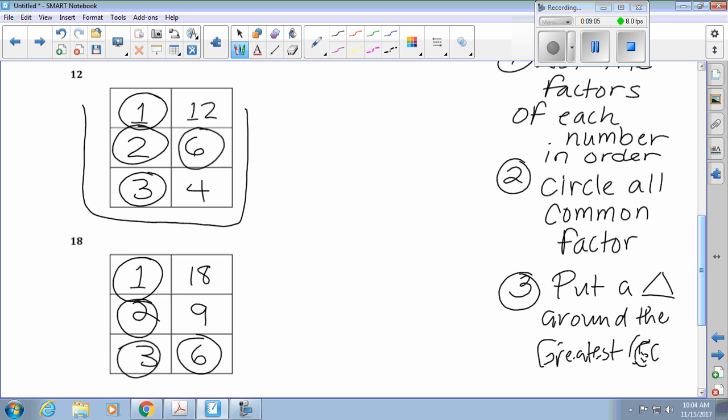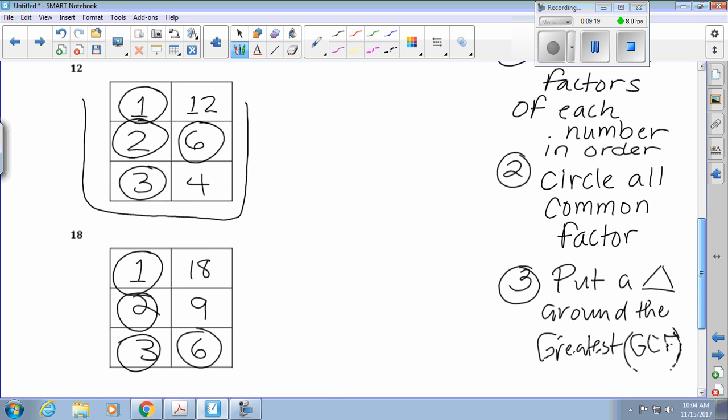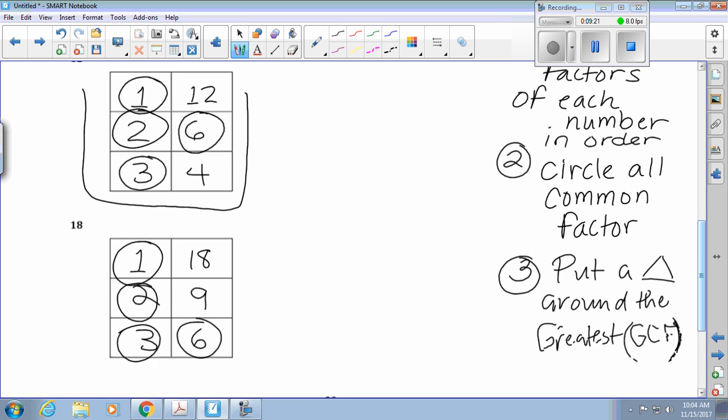Let me erase that. That's really skippy. That's weird. Did you notice that? This thing's junking out on me. Anyway, so put a triangle around the greatest common factor.